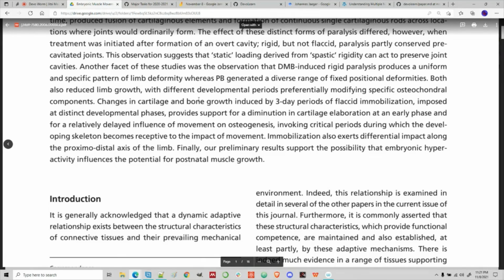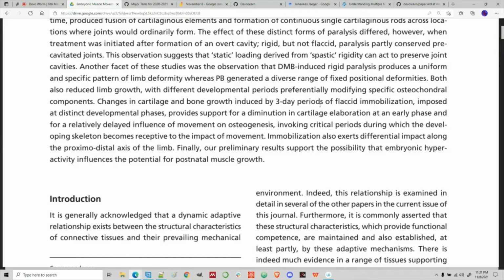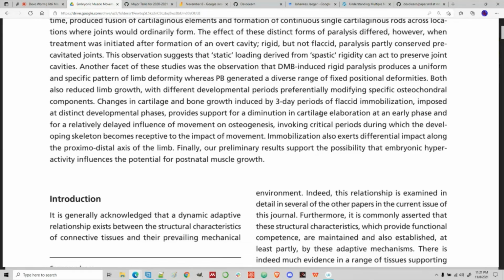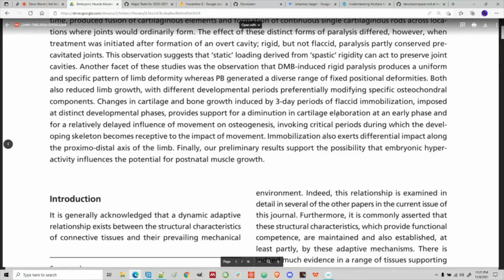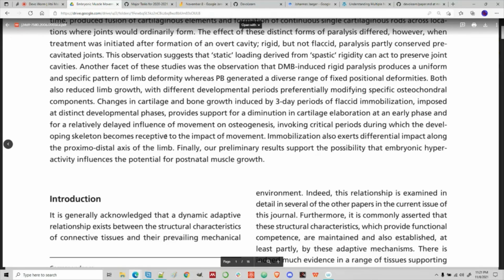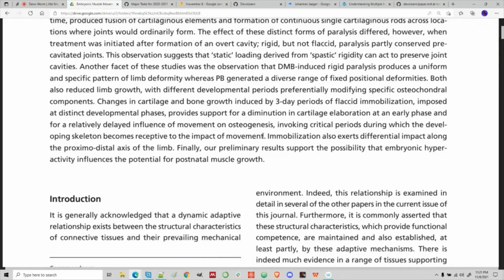Changes in cartilage and bone growth induced by 3-day periods of flaccid immobilization imposed at distinct developmental phases provide support for a diminution in cartilage elaboration in an early phase, and for a relatively delayed influence of movement and osteogenesis, which is the formation of bone, invoking critical periods during which the developing skeleton becomes receptive to the impact of movement.